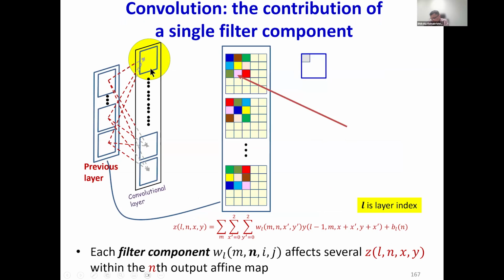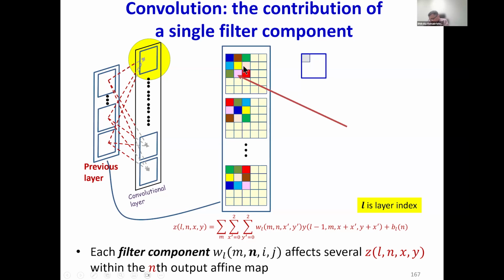Now look at it this way. When I am operating on the previous layer to compute a single affine map, the filter is going to be placed on the previous layer channels. But any given channel of the filter is going to operate only on the corresponding input channel, and it's going to generate just a single output map.